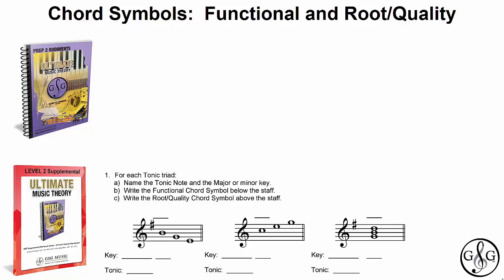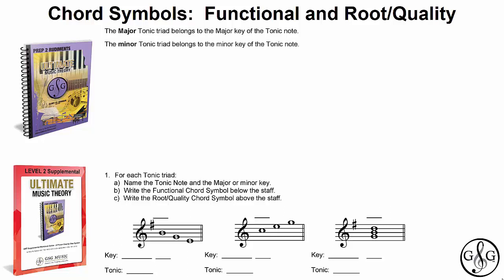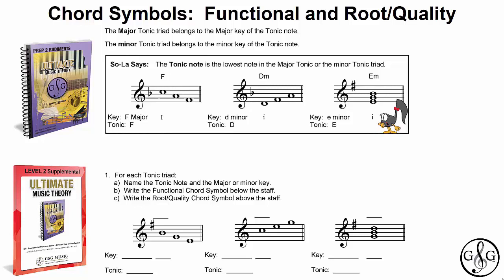Okay, so let's start off with a couple of rules. The major tonic triad belongs to the major key of the tonic note. The minor tonic triad belongs to the minor key of the tonic note. So, Sola says the tonic note is the lowest note in the major tonic or the minor tonic triad.